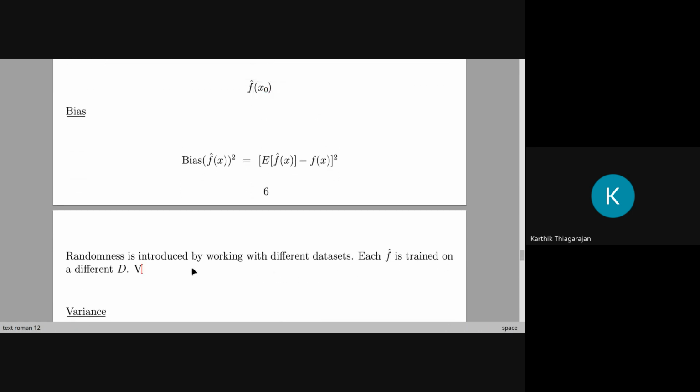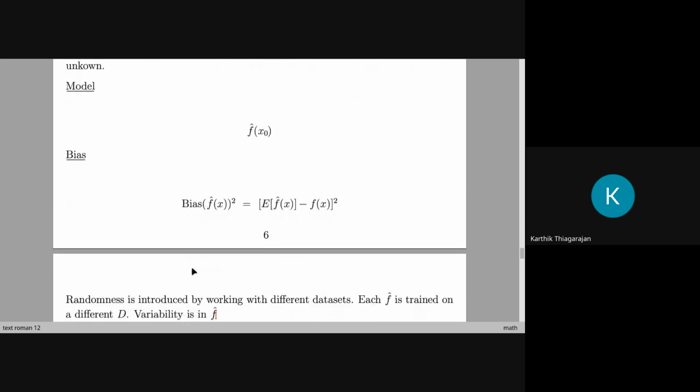The variability, again, this is crucial to understand, is in f hat. f hat is what changes. x naught also changes. If you look at it as a test data point, you can ask what is the overall expectation. But for now, this E is because of the different data sets that you are training on.